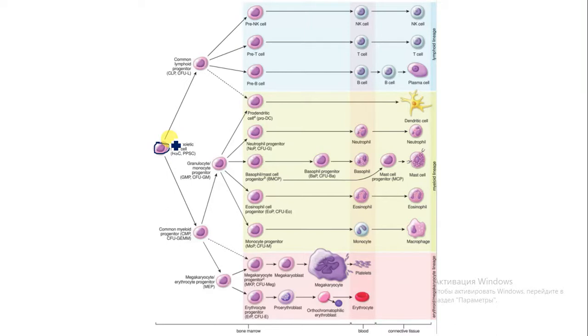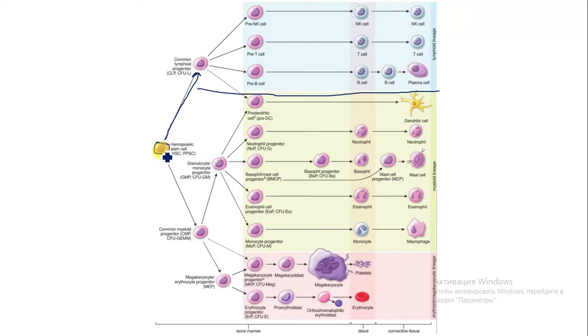It was a mesenchymal stem cell. And later during development it differentiates into two cell lineages, as I showed you before. One is the common lymphoid progenitor, responsible for formation of lymphocytes, NK cells, T cells, and B cells. This plasma cell we'll discuss a little later.